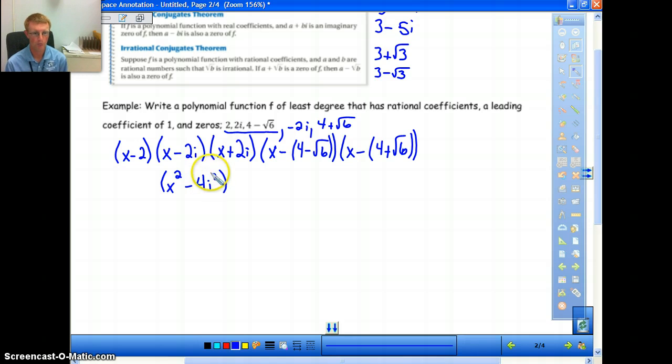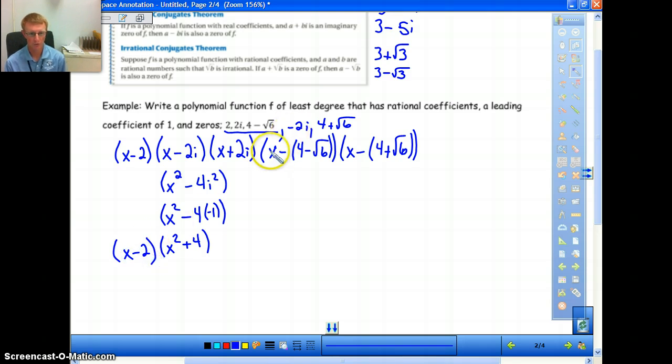If you recall from before, i squared is going to be the square root of 1 times the square root of 1, which is just negative 1. So this will be 4 times negative 1. So when we write this out, it will be x squared minus 4 times negative 1, because i squared is negative 1, which actually is going to give us x squared plus 4. So that's already multiplying these two out, and then obviously we still have the x minus 2 here.